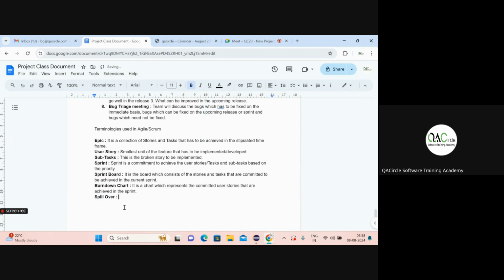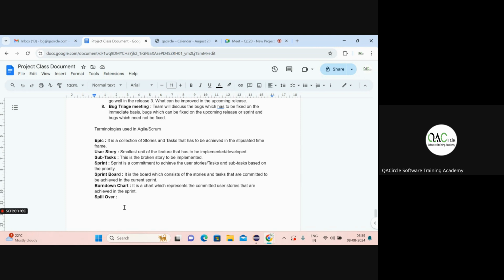There is one more terminology that they will be using during sprint planning or the daily stand-up meeting. During the daily stand-up meeting, we will have a better understanding that this particular story which is there in the sprint might not be picked. It might be a spillover to the next sprint. Also during the grooming call we will get an understanding that this is a spilled over item from a previous sprint, and it should be picked in this current sprint.